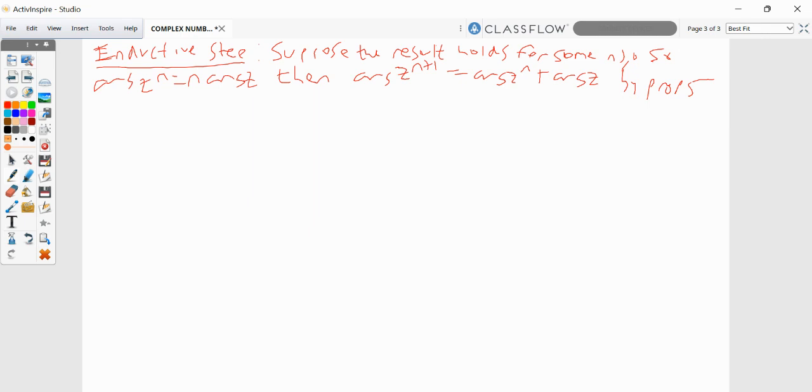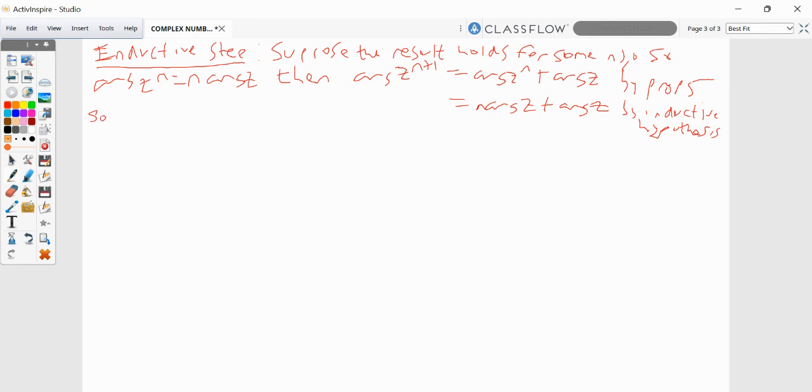Okay, so we're up to this point. We've assumed it's true. Well, here, if we're assuming this is true, then this is n times the argument of z plus the argument of z, by the inductive hypothesis.